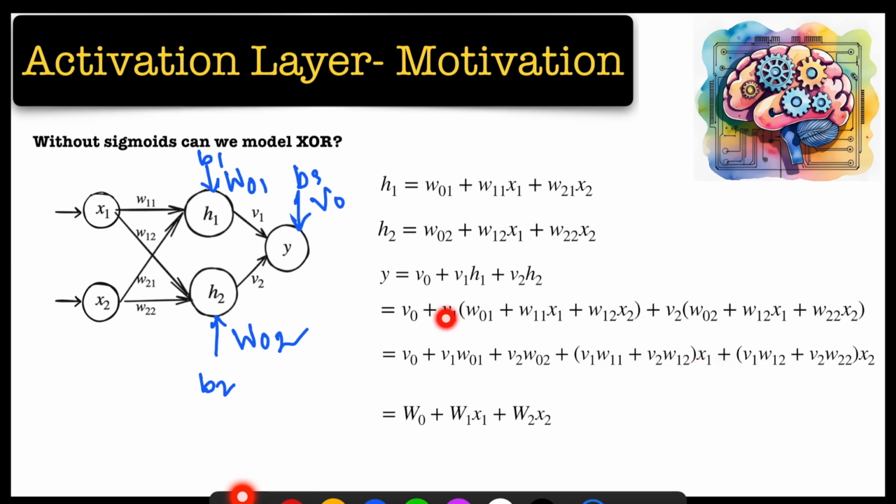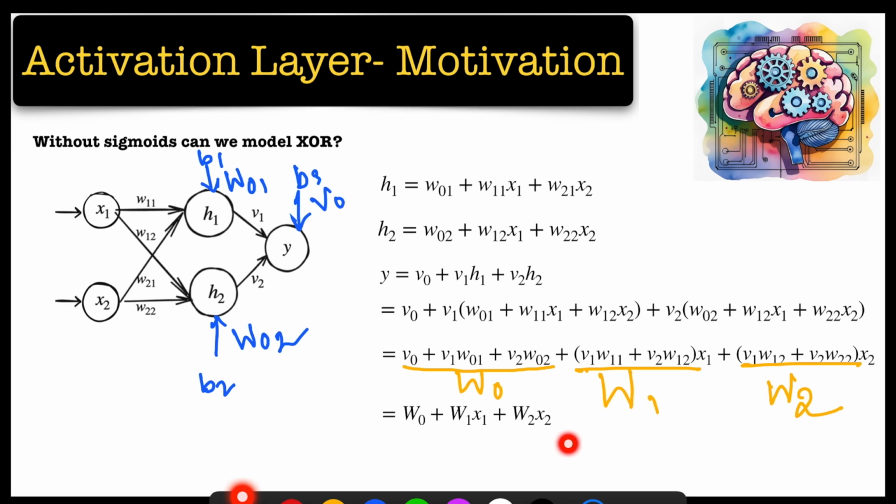And here we get V1 W21 plus V2 W22 times x2. If we do the summation, and call this W0, this capital W1, and this capital W2, we can write it as W0 plus W1x1 plus W2x2.